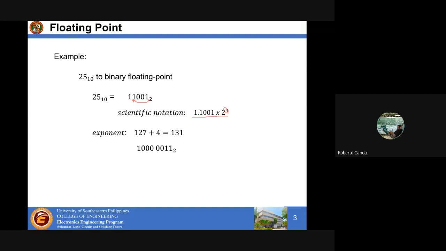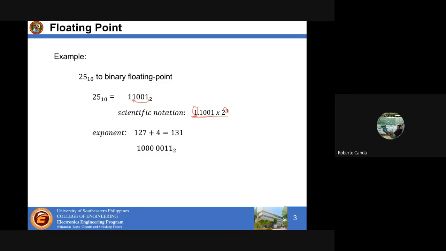And your mantissa, since 1 is always constant in our binary floating point because there is no other value except for 1 in a scientific notation, this is constant. Therefore, your mantissa will be the value after your binary point.